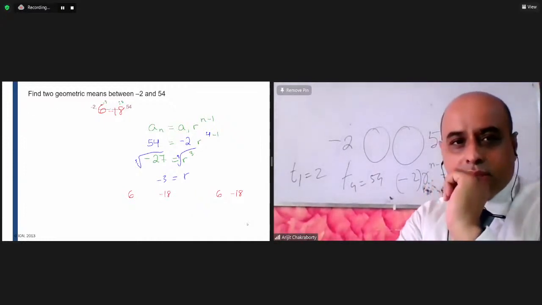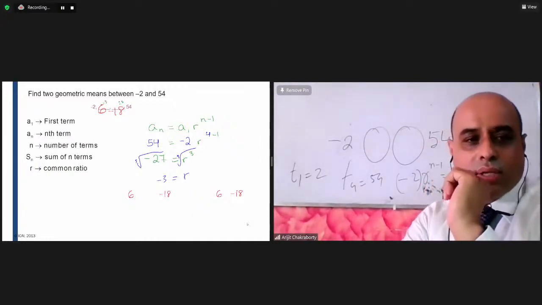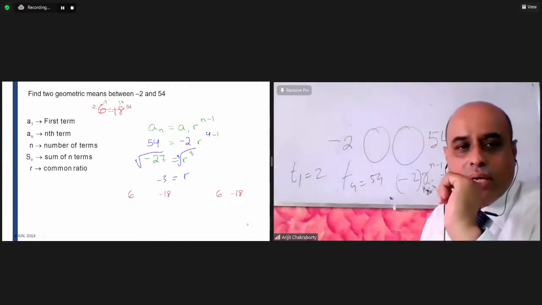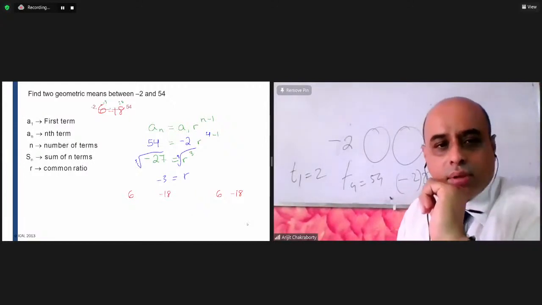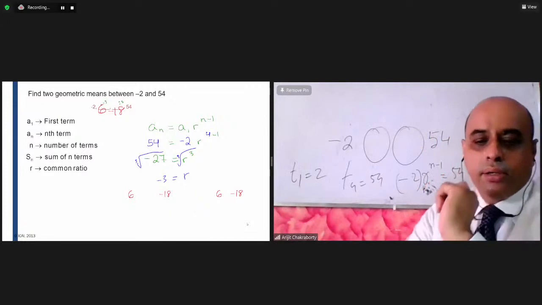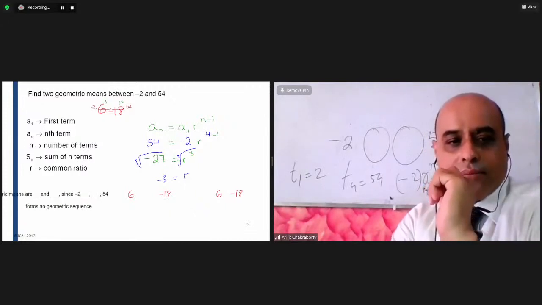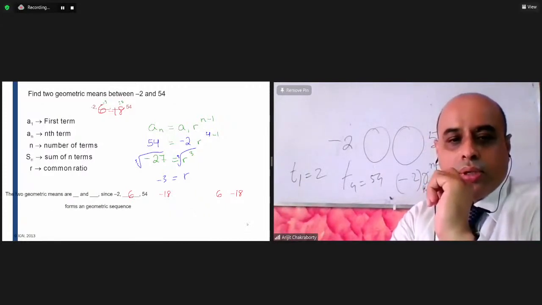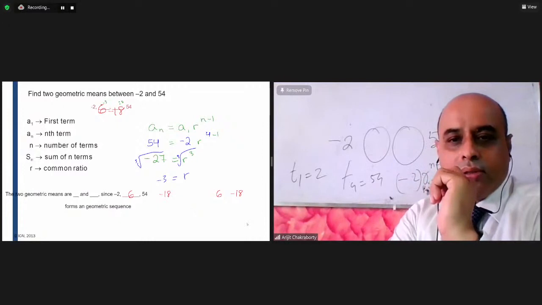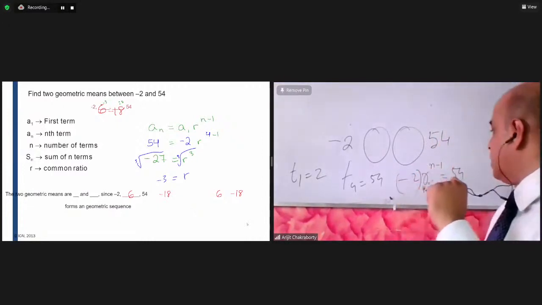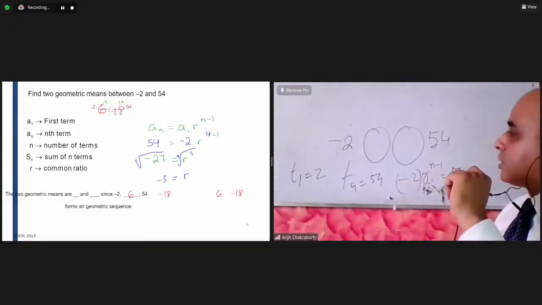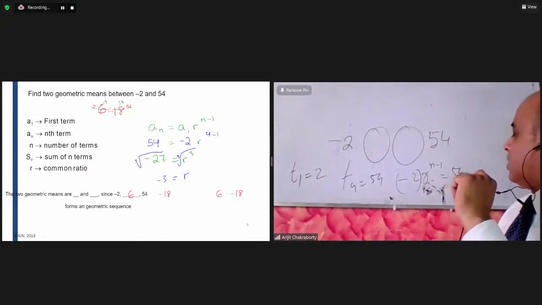You can see A1 is the first term, An is the nth term, n is the number of terms, and the common ratio, of course, is R. So here we can see that R comes to -3.